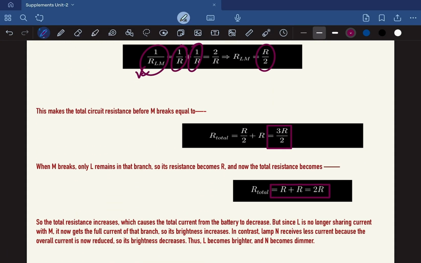So when M breaks, the total resistance has increased, because previously it was 1.5R when M was present.